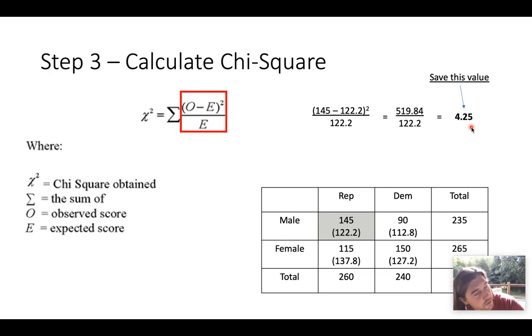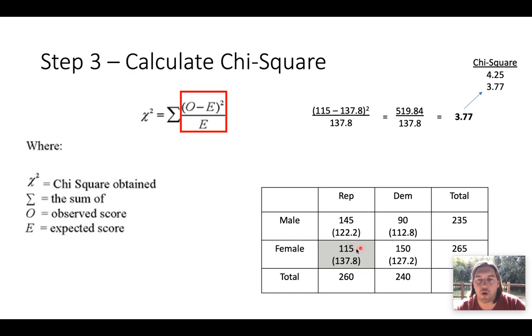We get 4.25. Do it for Republican females. 115 is our O. Our E is 137.8, so it goes in both places where the E goes. 115 minus 137.8 squared divided by 137.8 gives me 3.77.